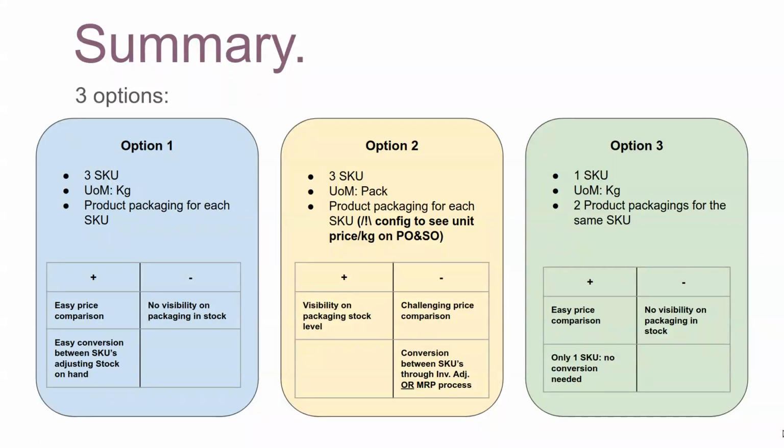As a drawback, we would not have visibility on packaging in stock, and also we would have a loss of flexibility in terms of what information we can set on the product template, as it's unique for the single product.